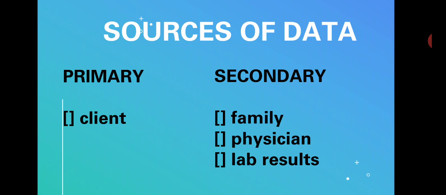Secondary data is any information given to you by the family members or the caregivers or the friends and relatives. Also, information from the physician and the lab results. Okay, the result of the urine analysis, the result of the complete blood count, that's your secondary data.